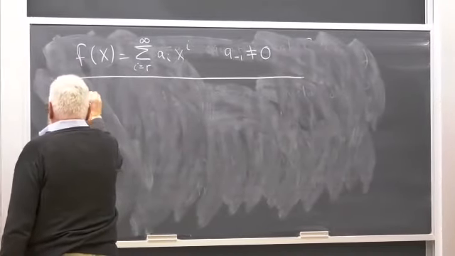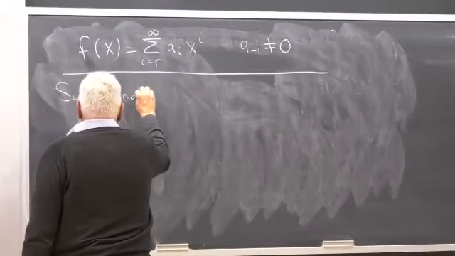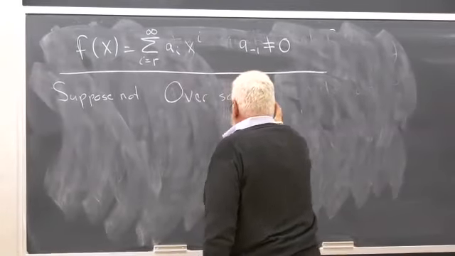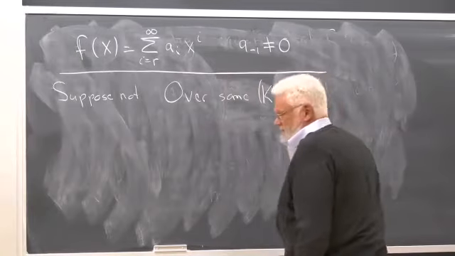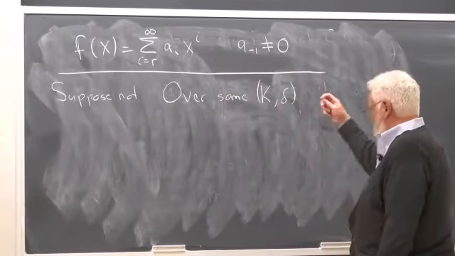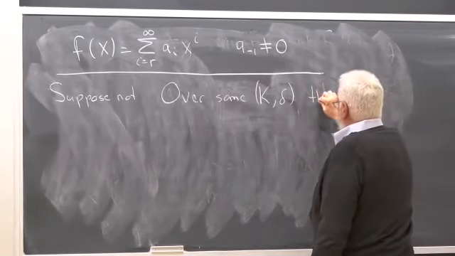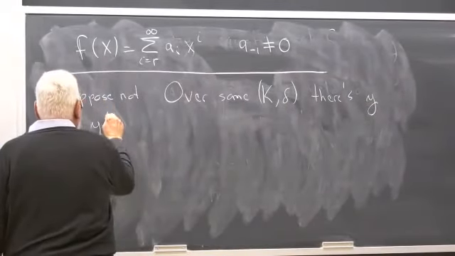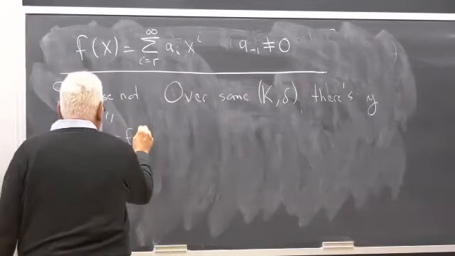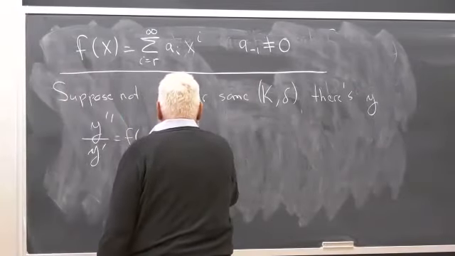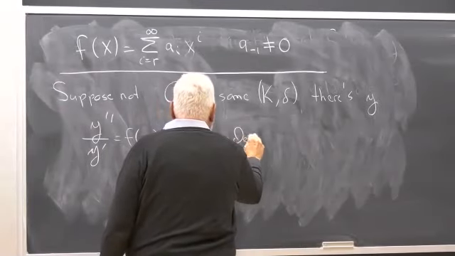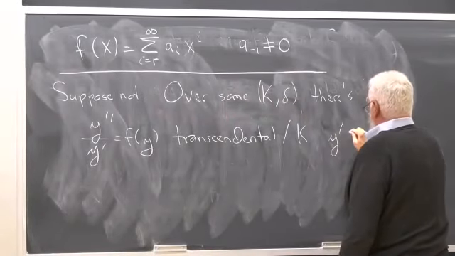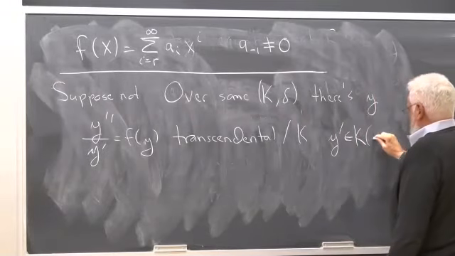So let's suppose not. What that would say is that, over some field k with derivation delta, not necessarily over the constants, maybe I have to add some terms in, there's a solution y that's transcendental over k, but y prime is algebraic over k(y).